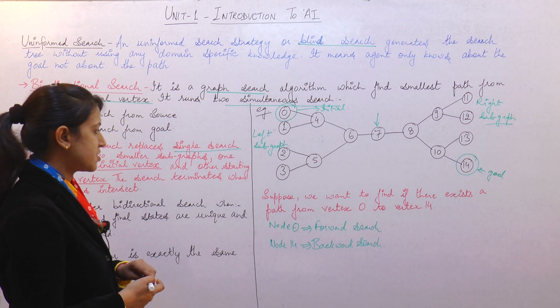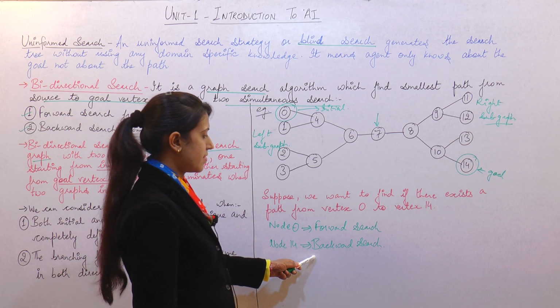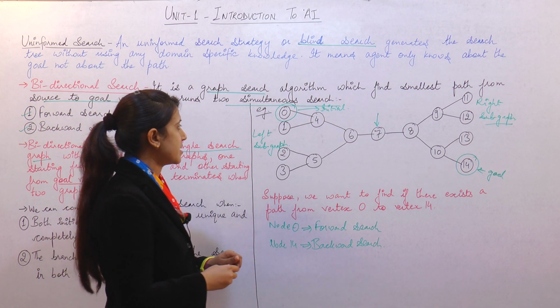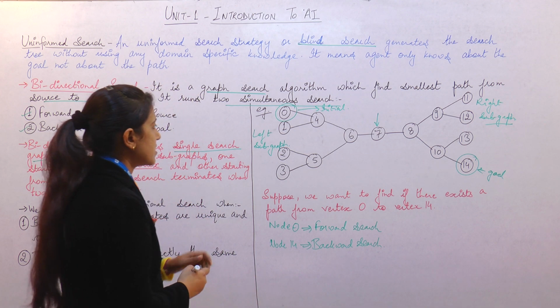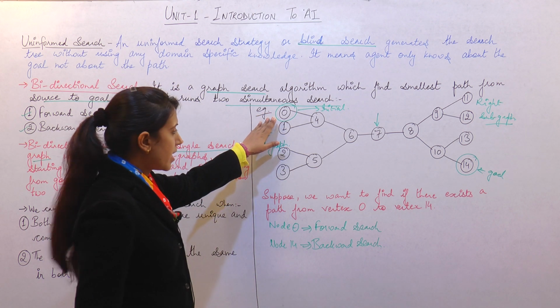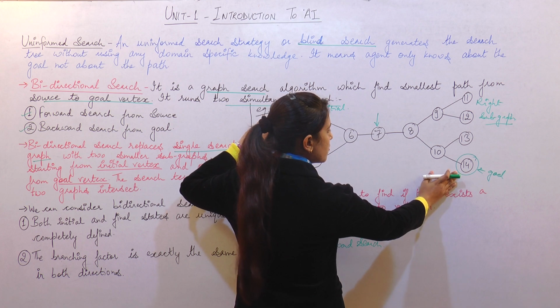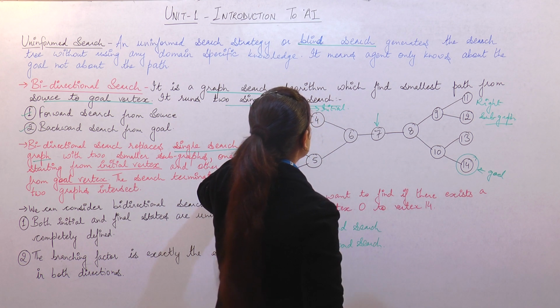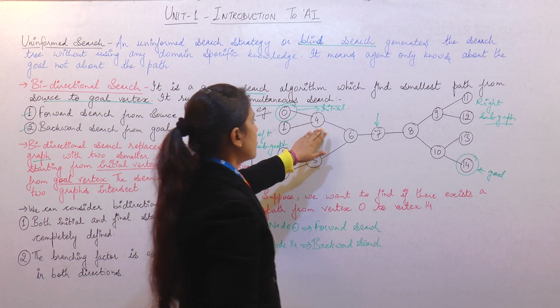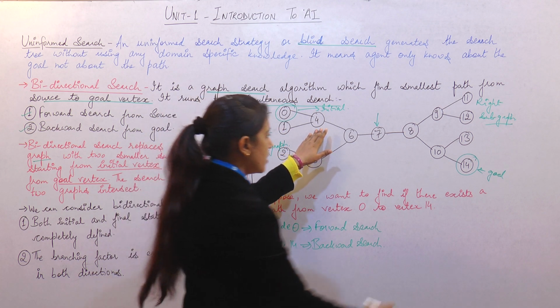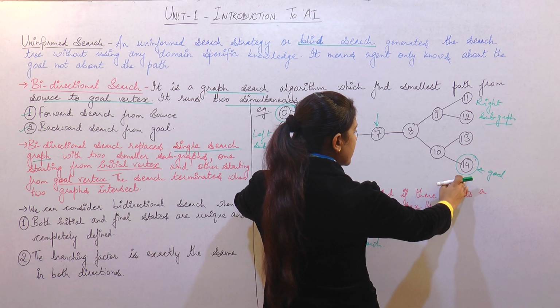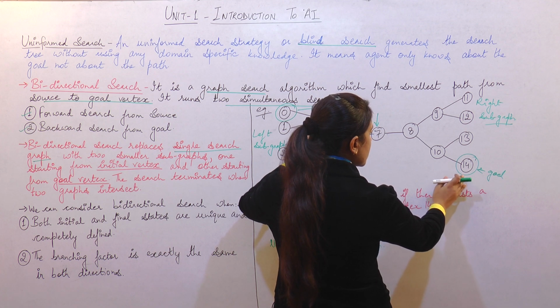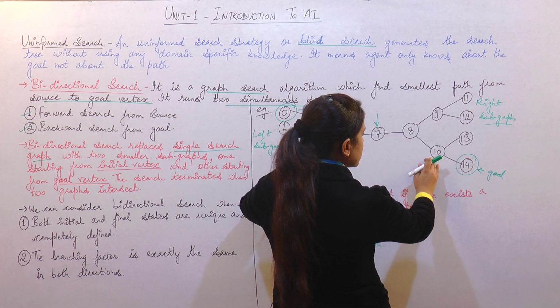Both these searching techniques, forward and backward, will move simultaneously. That means forward search will start from node 0 and backward search will start from node 14. After node 0 the search will move towards node 4, and in backward search after 14 the search will move towards the next node 10.